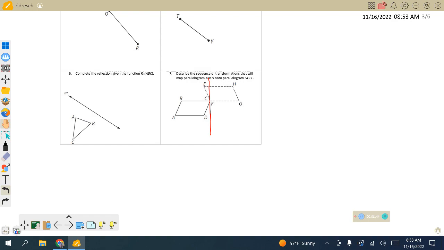Now it's not yet on the dash one yet, so maybe a translation also needs to happen, moving it, say, vertical for that translation. That's a possibility. It also looks like, and taking your patty paper would maybe be helpful, but I think if you also did a reflection right there, that would also appear to land on itself. So it looks like a single reflection might also take care of that.